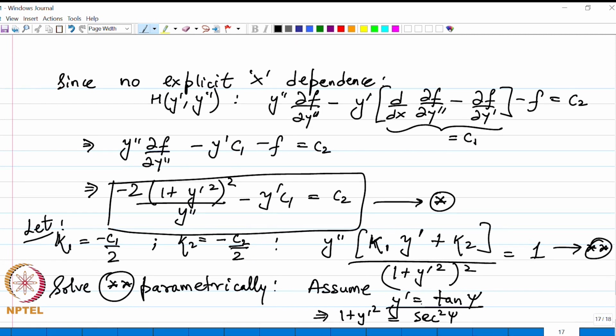My second derivative of y with respect to x is secant square psi times psi prime, because my y prime was tan psi. All I had to do was differentiate this underlined expression just once.